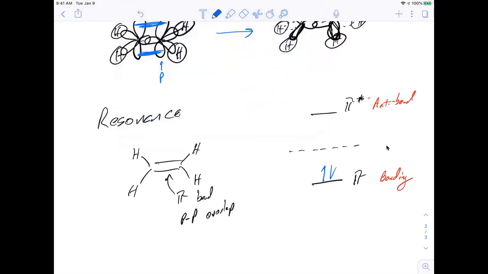And for this one, we put our 2 electrons for our pi bond into the bonding orbital. That would demonstrate what we've shown here with this molecule. This would demonstrate that we've got a bonding pi orbital.